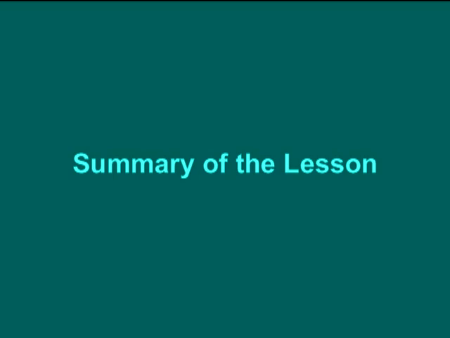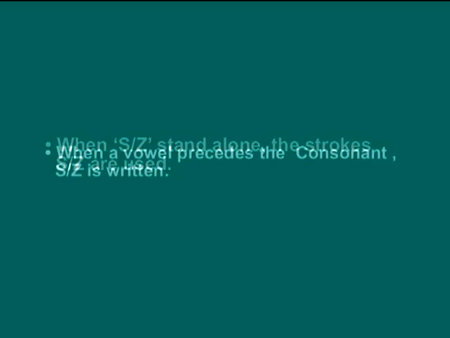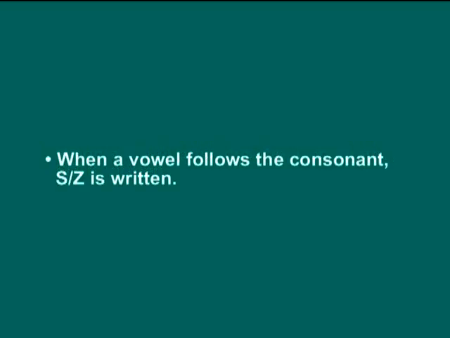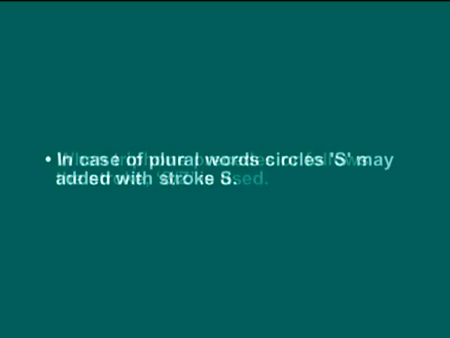In the last, let us quickly go through and summarize the lesson. When S or Z stand alone, the strokes S and Z are used. When a vowel precedes the consonant, S or Z is written. When a vowel follows the consonant, S or Z is written. When a triphone precedes or follows, the stroke S or Z is used.